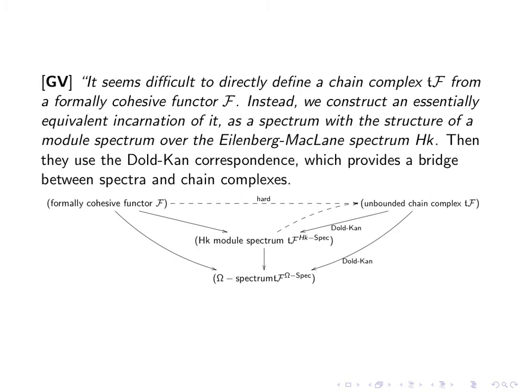Then they use, so I guess that's the end quote, and then they'll use the Dold-Kan correspondence, which provides a bridge between spectra and chain complexes. So again, we start with the formally cohesive functor here, and in the next slide, I'll show you how to get down here. Now Dold-Kan is an equivalence, and so we can get to there.